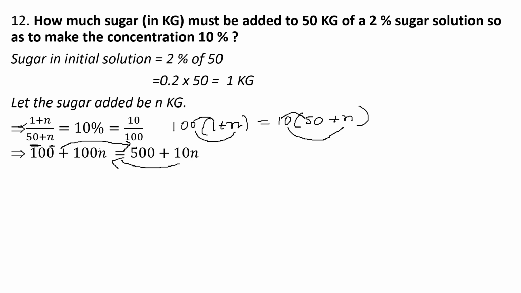So we have 100n minus 10n, that is 90n. 500 minus 100, that is 400. So 90n is equal to 400. n is equal to 400 divided by 9, that is 44.44 kgs. So we need to add 44.44 kilograms of sugar so as to make the solution 10%.